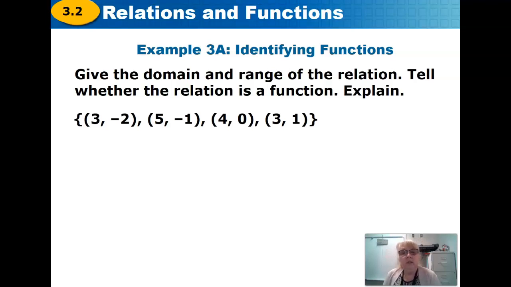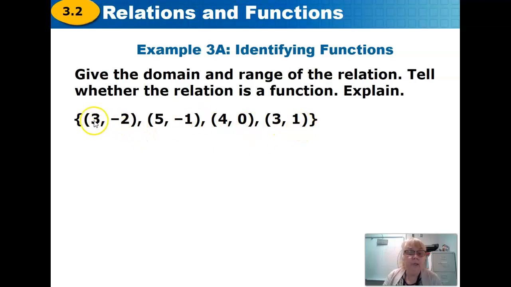So here, we're going to give the domain and range of the relation, then tell whether it is a function and explain why. So let's look at our values. We have 3 for our x values, 3, 5, 4, and here's another 3. We have in the range -2, -1, 0, and 1.